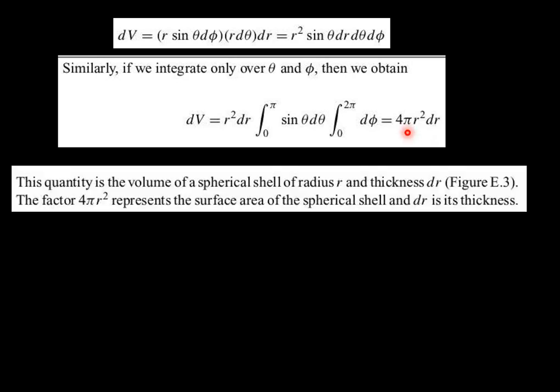Obviously dr is the thickness, so it is the volume of a spherical shell of thickness dr, and the factor 4 pi r square represents the surface area.